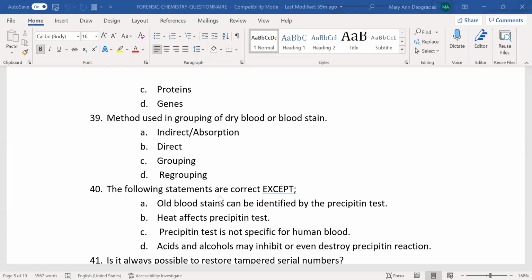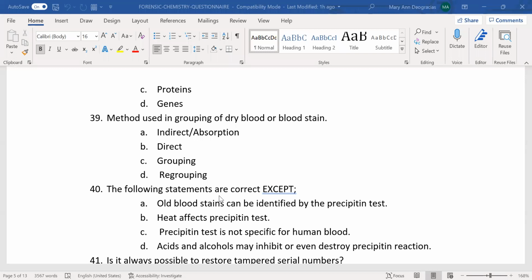Okay, why indirect method? Bakit ginagamit natin na indirect method, guys? Indirect because we can no longer group the red blood cells, but instead, what we're grouping there is already the serum. Bakit? Kasi yung red blood cells, sira na, no?